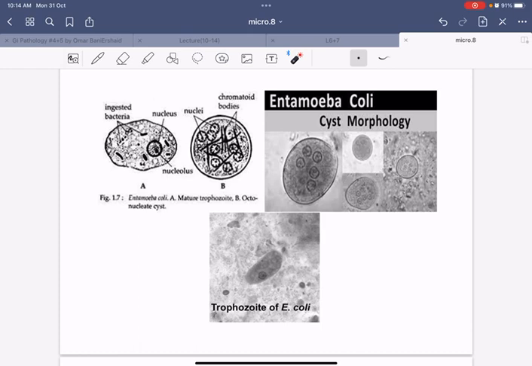You can see the bacteria, rods here. Okay? So the differences are quite obvious. This is the trophozoite of Amoeba coli. You can see the nucleus, you can see the eccentric karyosome.